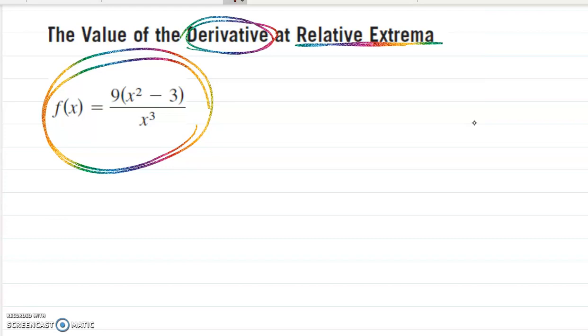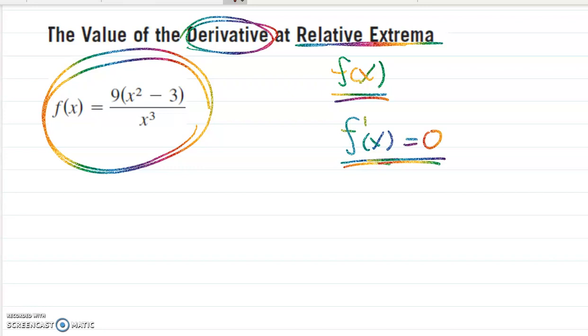Whenever we have an f(x) value, you take the derivative and set the derivative equal to 0. Then you can find some particular x values, and that will be your extreme value here.